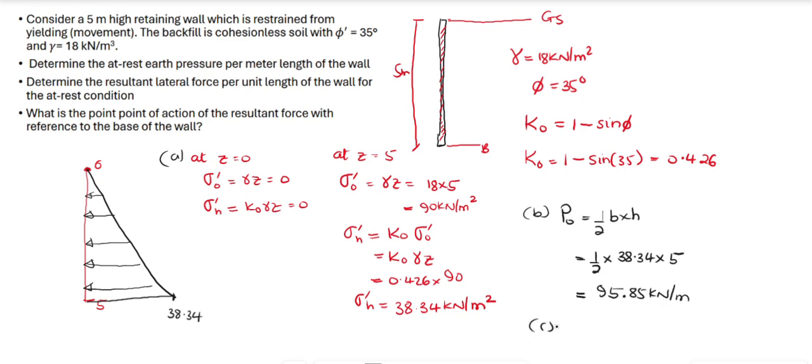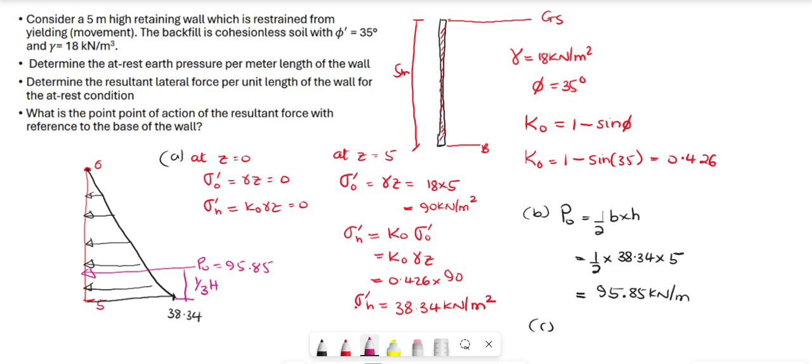Then the point of action of the resultant force, that is where the resultant force is going to act. So assuming this is the resultant force, which is 95.85, where it's going to act from the base is going to be 1/3 of its height.